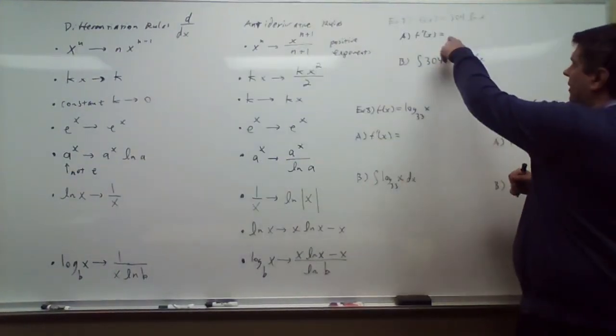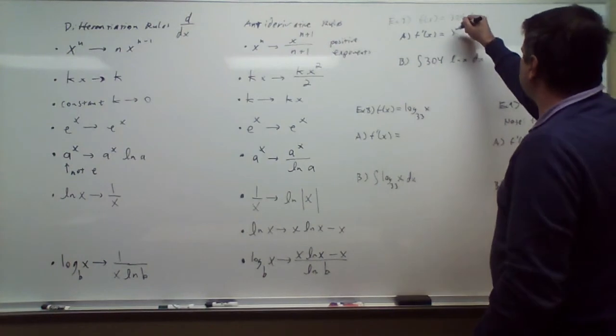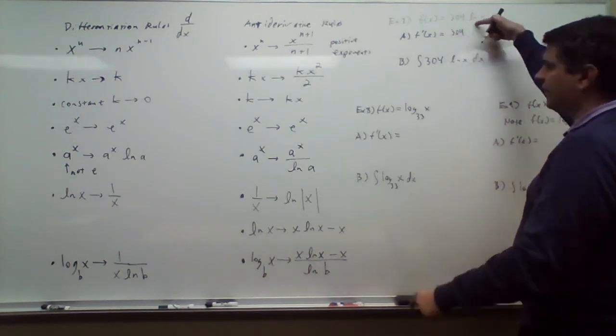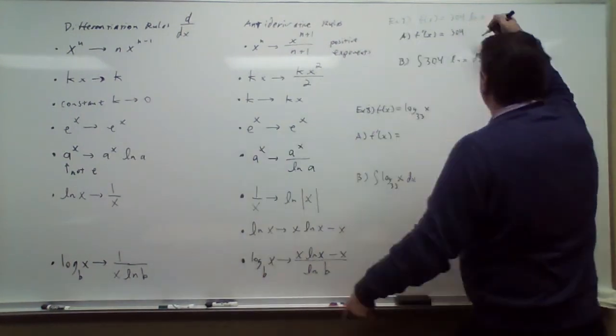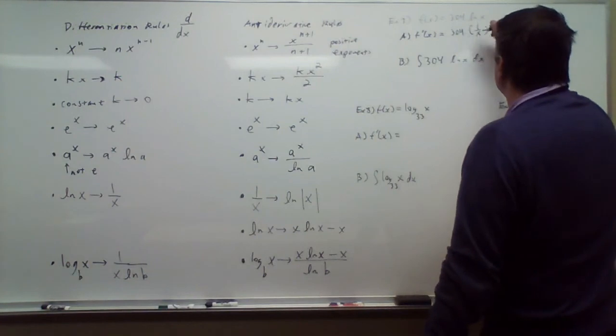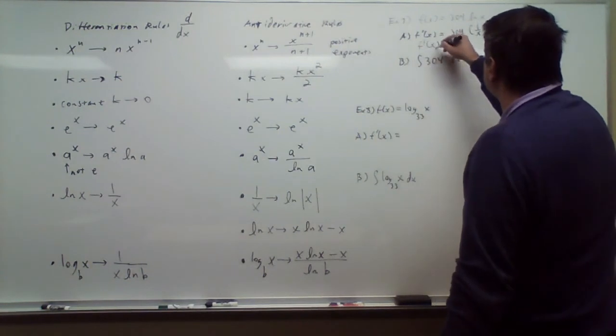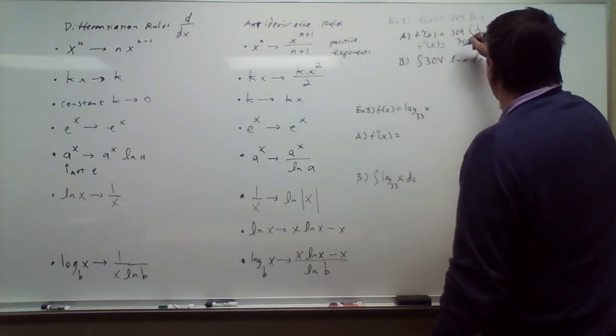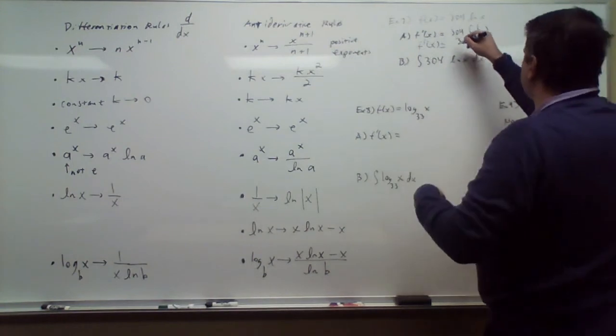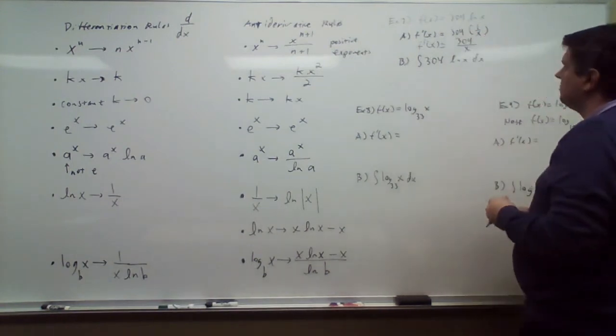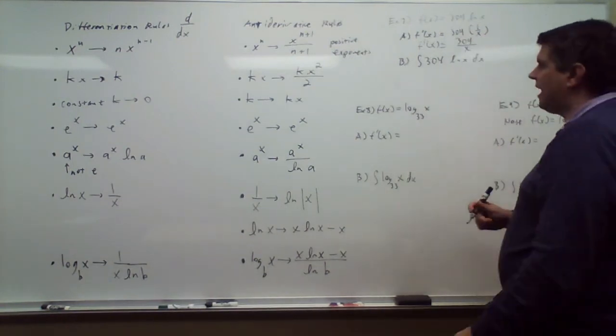The derivative of 304 natural log of x would be 304 times the derivative of the natural log of x, which is 1 over x. So f prime of x is simply 304 times 1 over x, which is 304 over x. Okay? Next up, b.